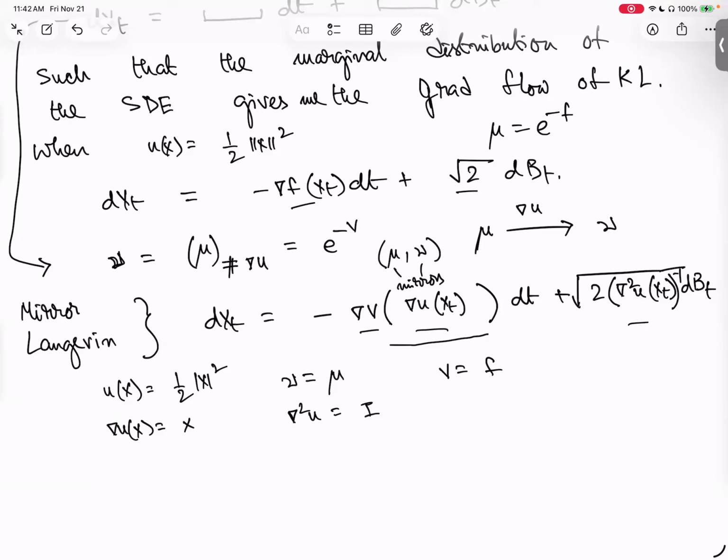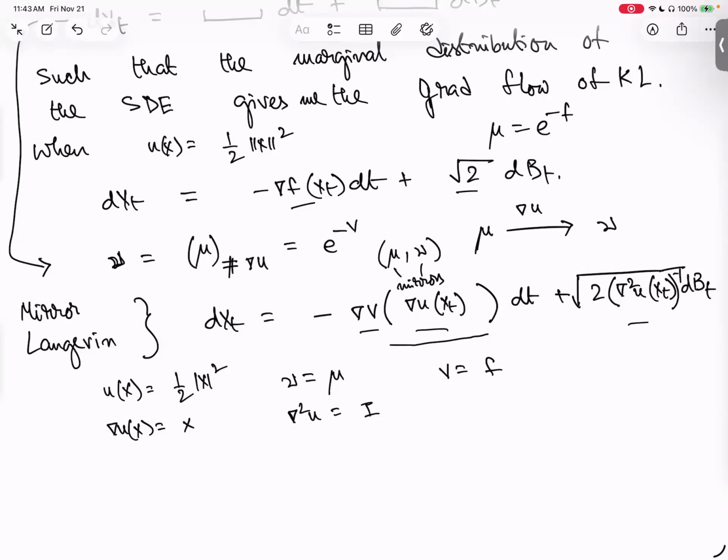This is a stochastic process which has become rather important these days, mostly from applications to machine learning. If you search for mirror Langevin diffusions, you'll see several hits. In many applications, this seems to converge faster than your usual Langevin diffusions. We don't quite fully understand when or why and how much, but that's the reason people like it.